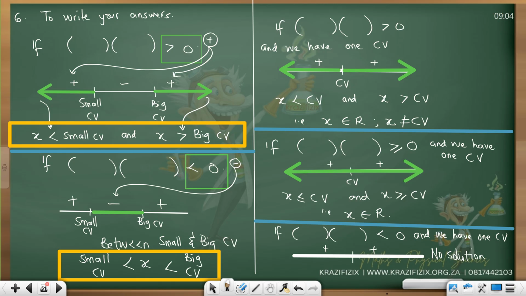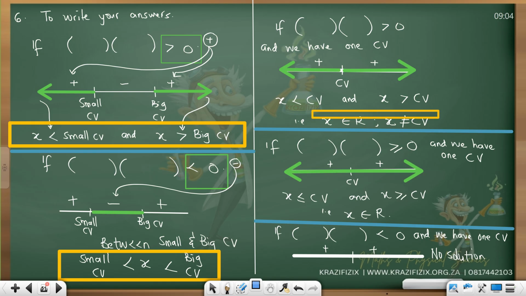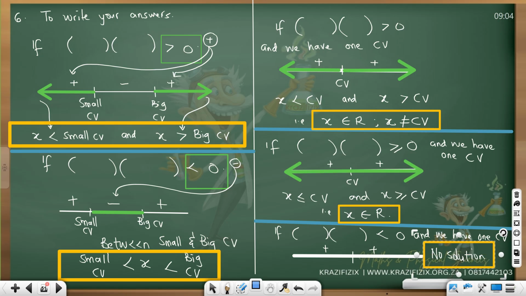So let me put all my answers in yellow boxes. The answer to this one is that. The answer to this one is this. And the answer to this one is that. So I've given you 5 different ways of writing your answer.